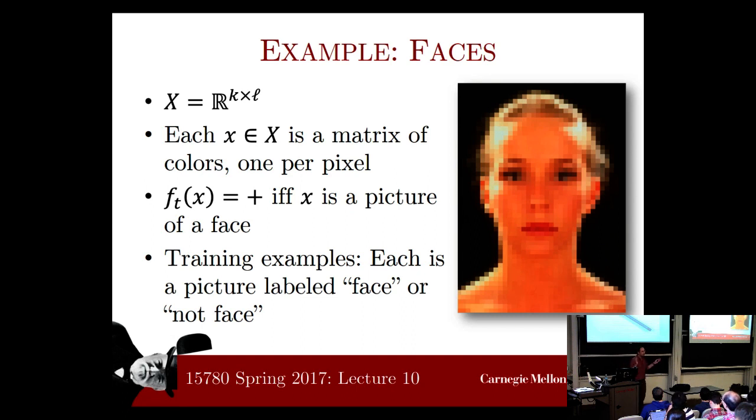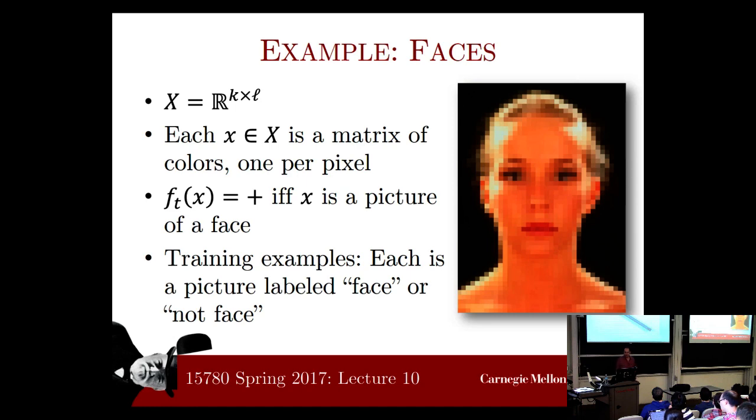Maybe these numbers are in [0,1], whatever, but the idea is every real number represents the color of the pixel. And then this whole matrix gives us the colors of different pixels in a picture of size k by l. Now, our target function is going to label a point by plus if it's a picture of a face, and minus if it's not a picture of a face.